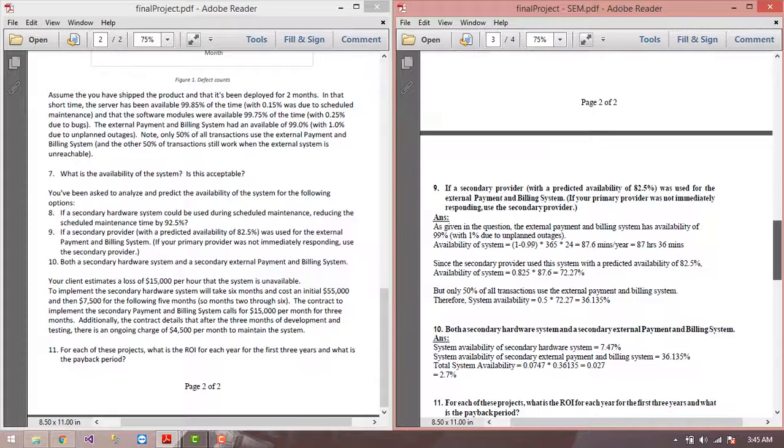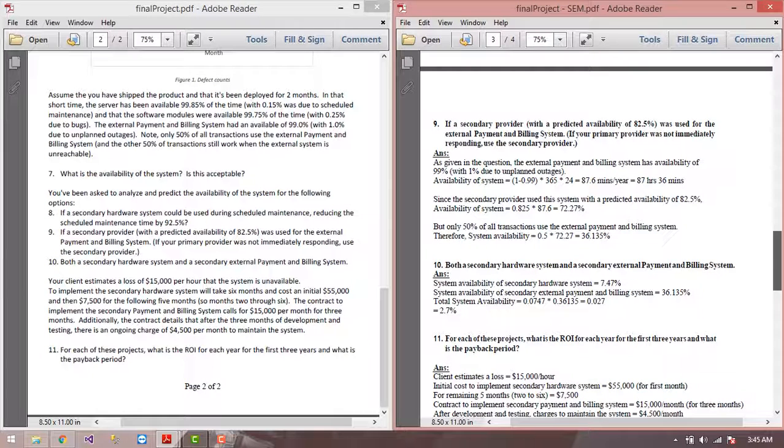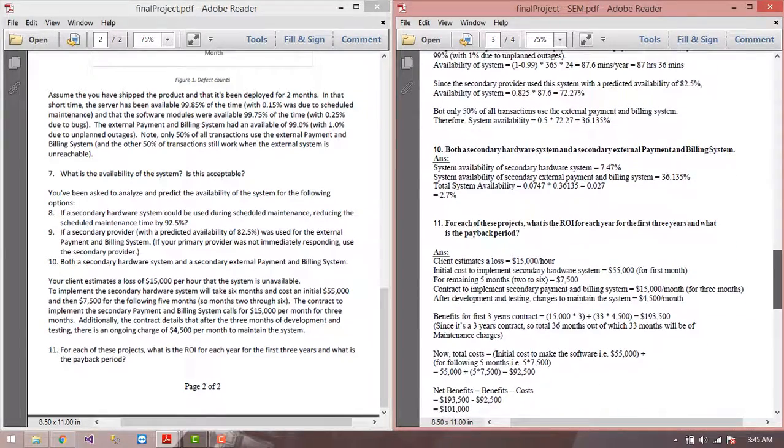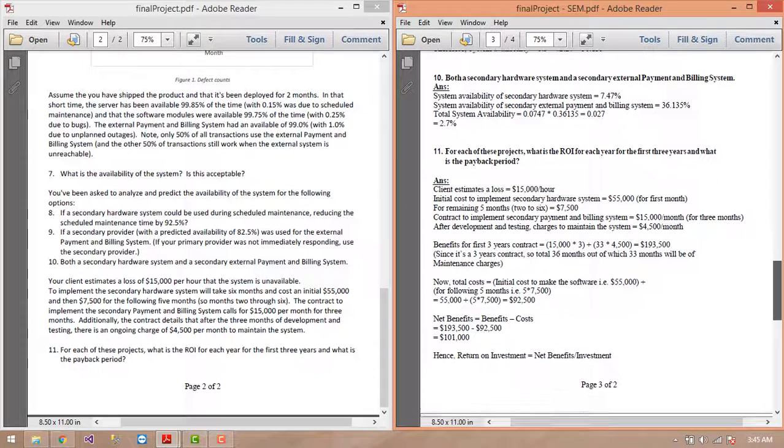The system availability we got for the secondary hardware system in question number 8 is 7.47%, and for the secondary external payment and billing system in question number 9 is 36.135%. For calculating the total system availability, we just multiply both system availabilities, that is 7.47% multiplied by 36.135%, that comes up to 2.7% total system availability.